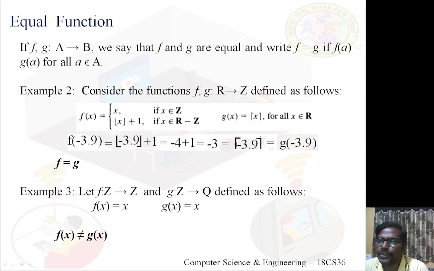So g of minus 3.9 is minus 3, which is equal to f of minus 3.9. So it concludes the functions f and g are equal. One thing I need to highlight: though the definitions of f of x and g of x seem to be different, logically they are equal.